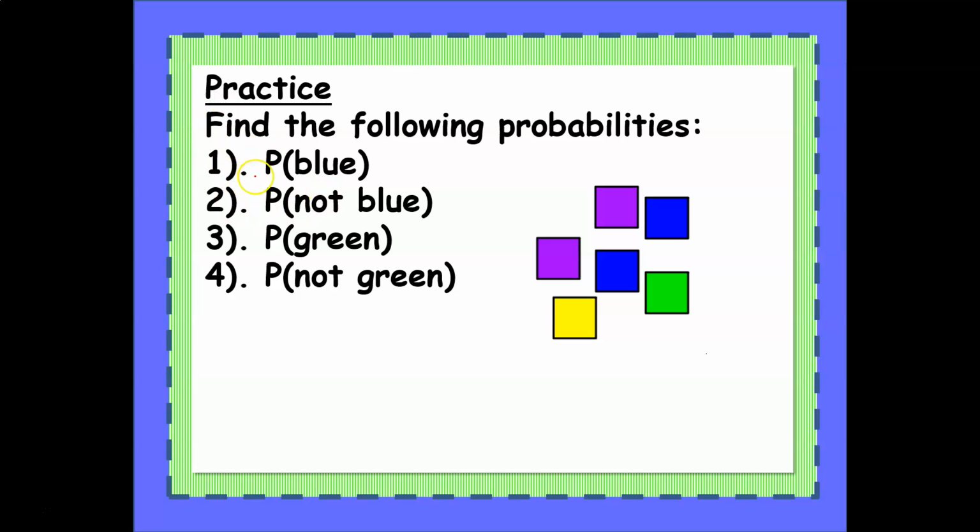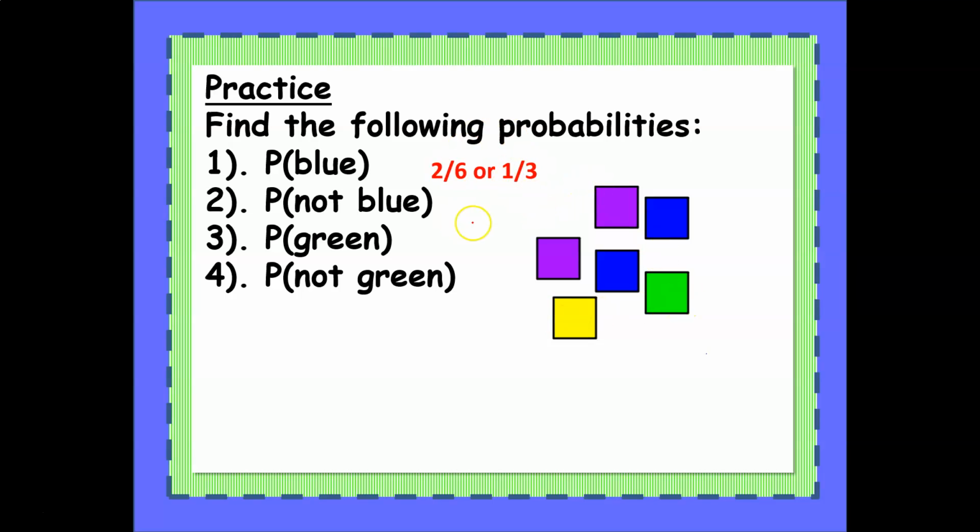So let's practice. Find the probability of drawing a blue cube. 2/6, or 1/3. Let's think about its complement now. So what is the complement of blue? That means we would draw purple, yellow, or green.